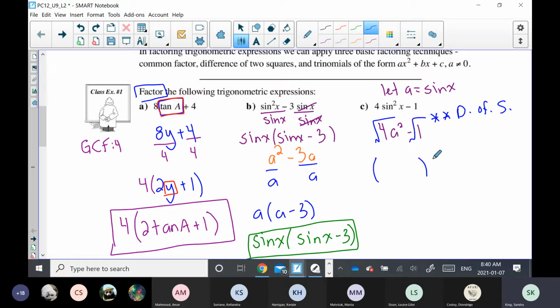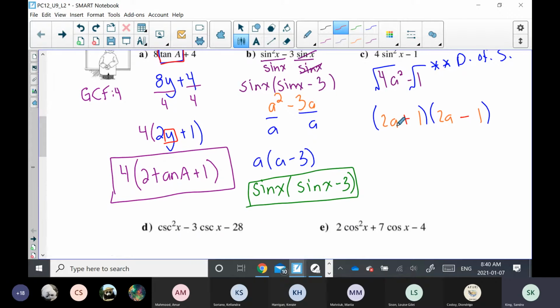How we factor a difference of squares is you set up 2 brackets, and you say to yourself, what's the square root of 4a squared? 2a. That goes at the beginning of each bracket. What's the square root of 1? The square root of 1 is just 1. And then for a difference of squares, one factor gets a positive, one factor gets a negative. So that's how you do a difference of squares.